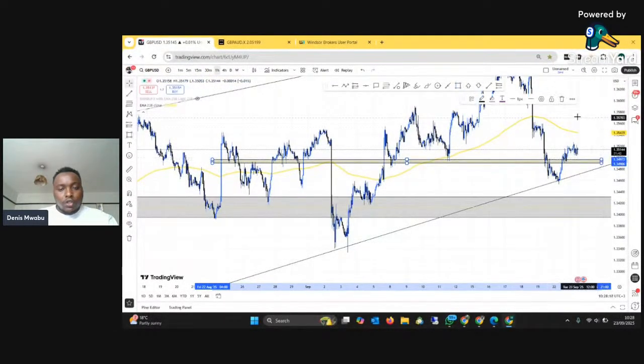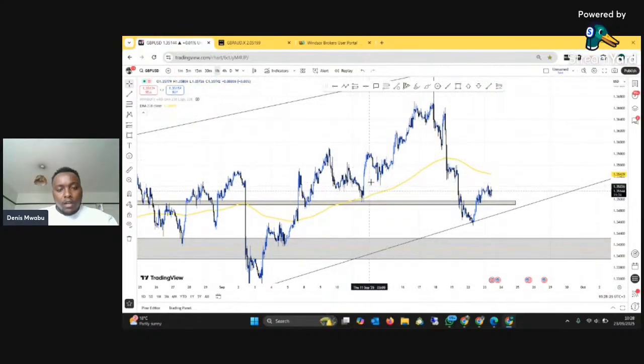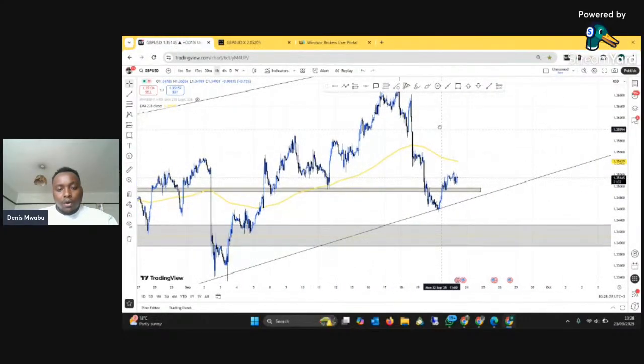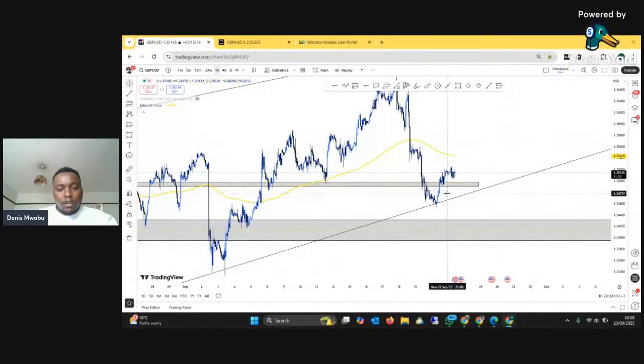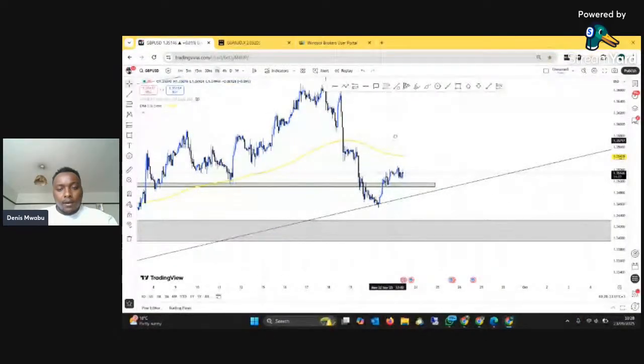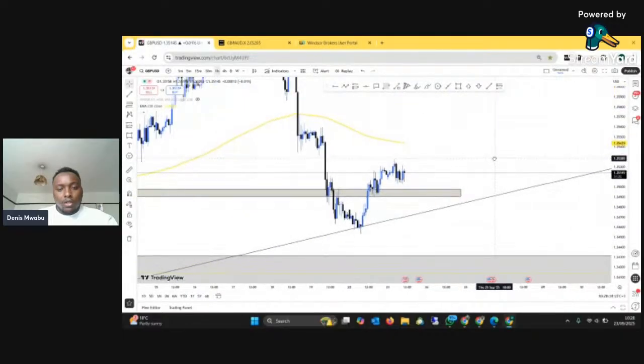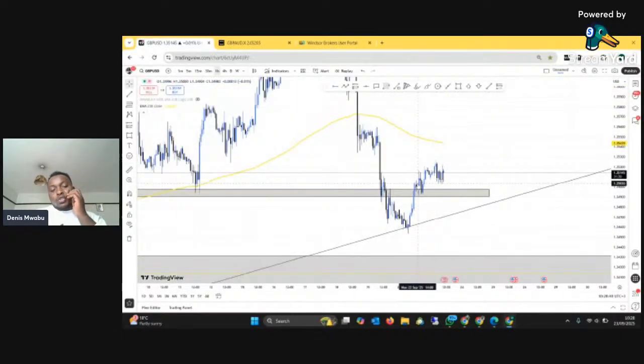On this area, price came here, rejected, pushed up. Price came here again, pushed up. Price comes here, looks like it's creating a fake out somewhere here. It has rejected it, and let's see exactly what it has to do.